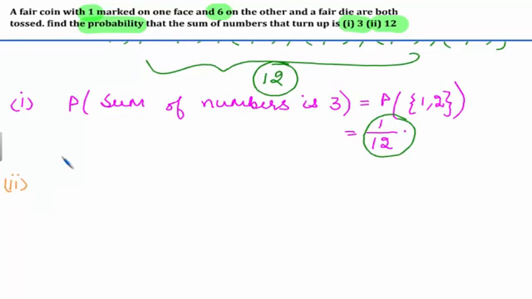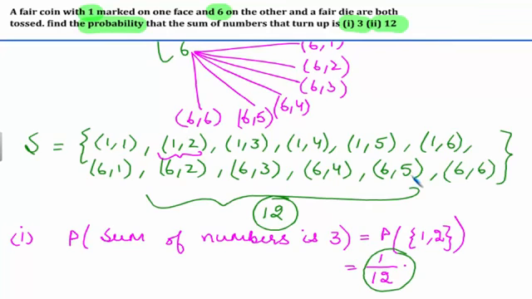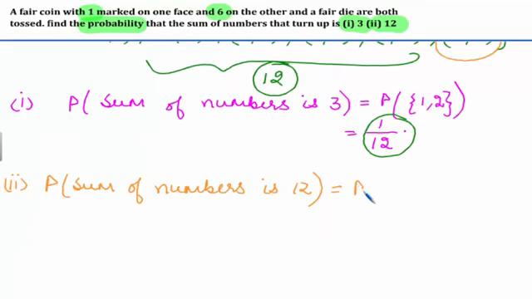In the second part we have to find the probability that the sum of numbers is 12. Now from the sample space we can see that there is only one outcome such that the sum of the numbers is 12, and that is 6, 6.